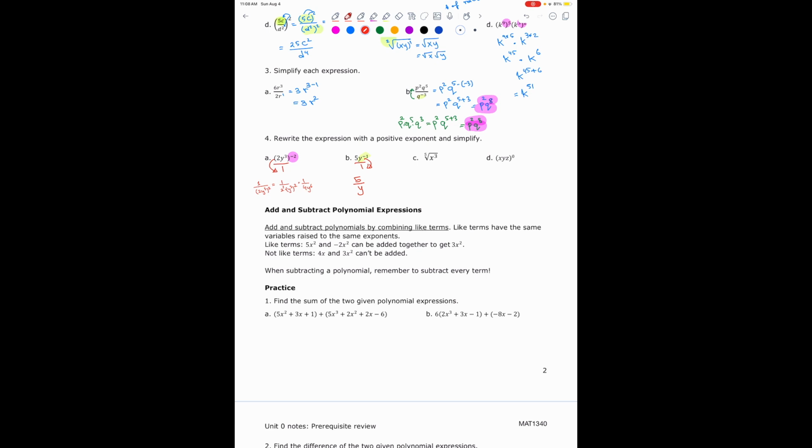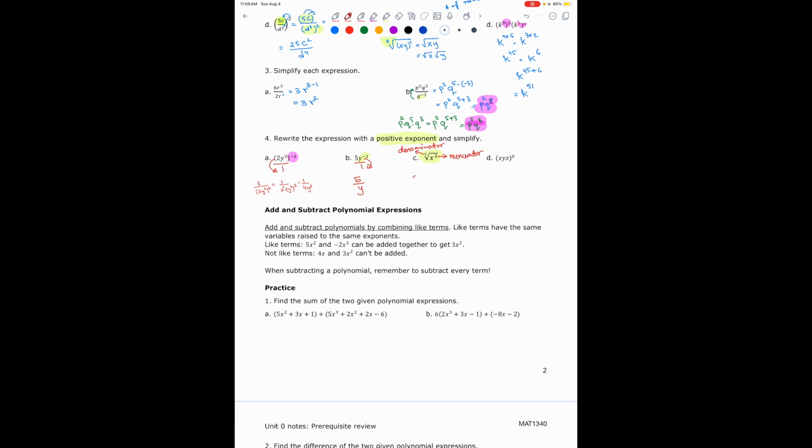Then we have the 5th root of x cubed. Remember, we're going to turn this into an exponent, a positive exponent. Again, the index is going to be the denominator of the rational power, and the 3, which is the power of the radicand, is going to be the numerator.